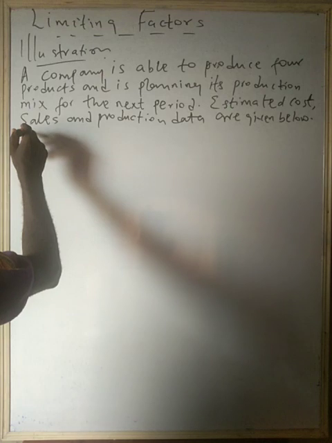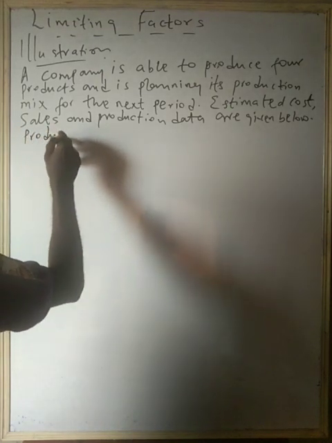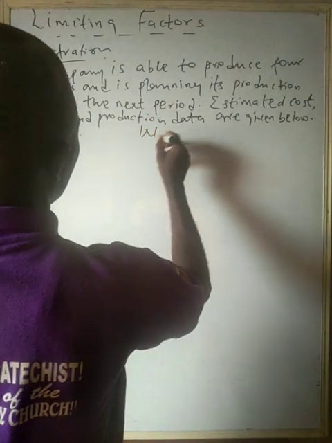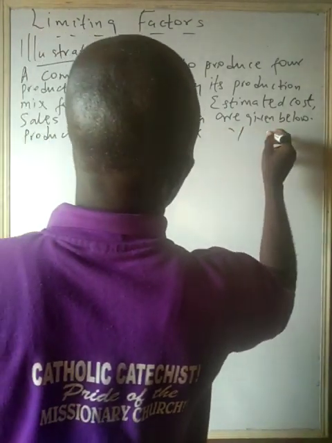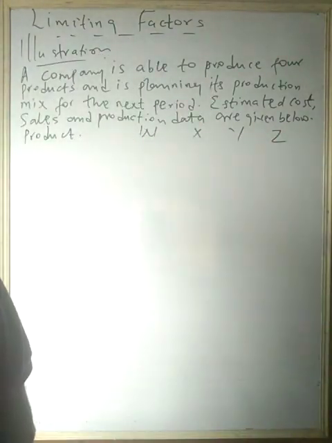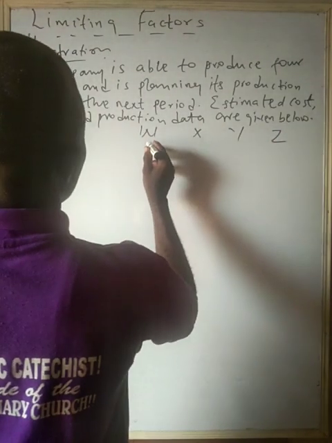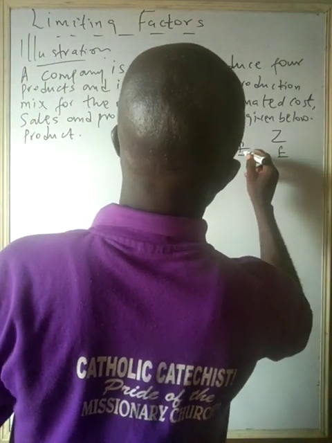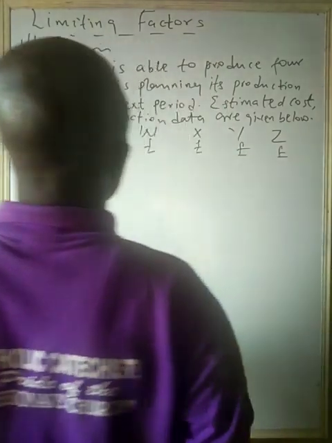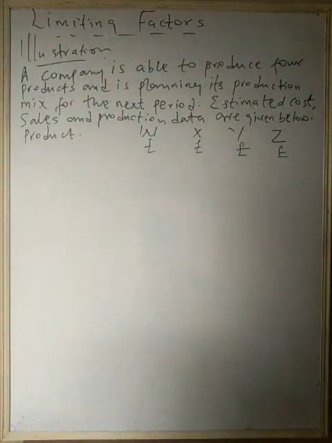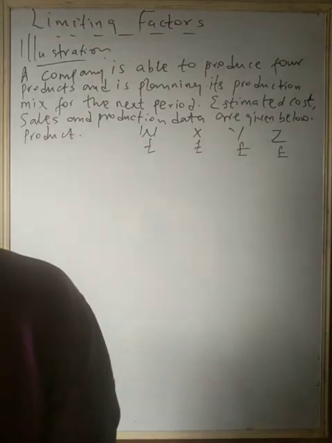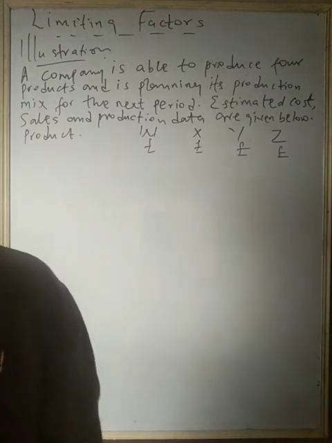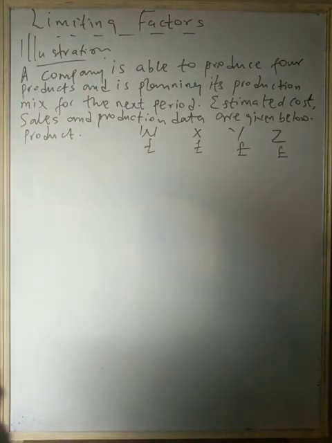Products W, X, Y, Z, in pounds. For corporate purpose, this illustration is taken from Lucey's textbook, Management Accounting.